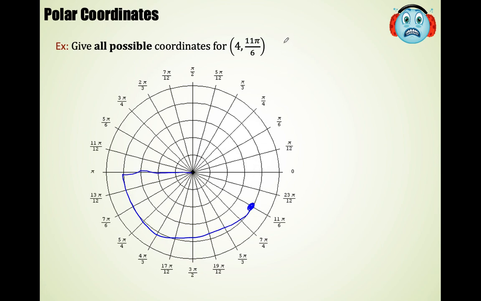There. What is that? How many pi over 6s did I go from the negative? Right? 1, 2, 3, 4, 5.